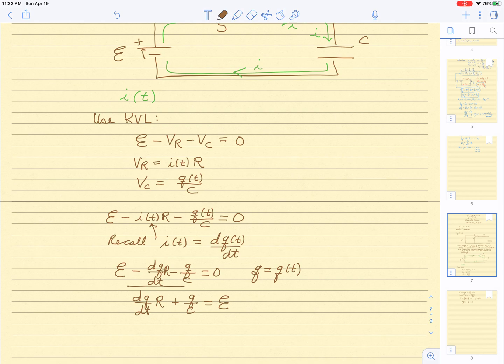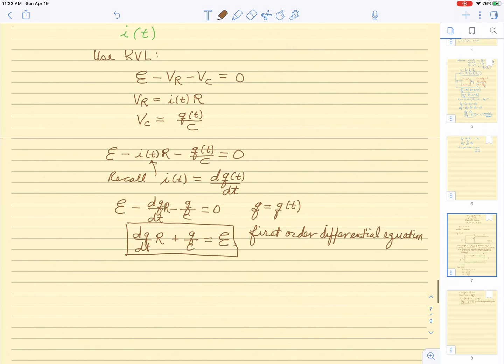And so this now is a first order differential equation. It's an equation that contains derivatives, so that's why we call it a differential equation. It's first order because it only has a first derivative.